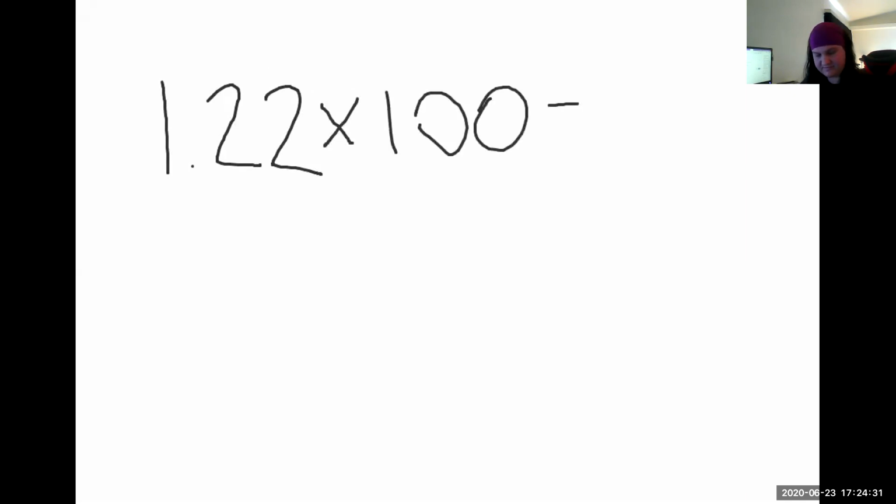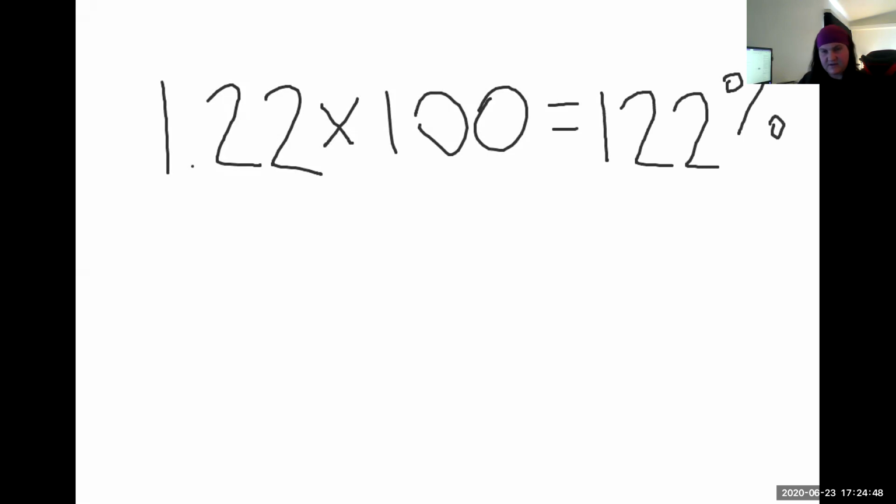Now, the book tells you to multiply by 100. And with that, we get our answer of 122%.